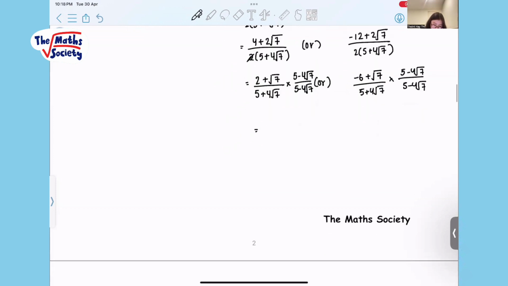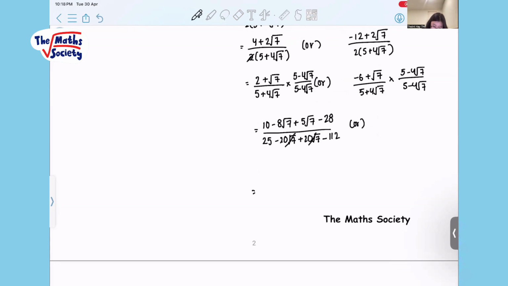So if you multiply it, you have 5 times 5, 25, minus 4 times 5, 20 root 7, plus 20 root 7, and then minus 4 times 4, 16, and then 16 multiply 7. So you'll get 112. Earlier I mentioned 25 minus 28 for the denominator as a check, but it works out with the 112.